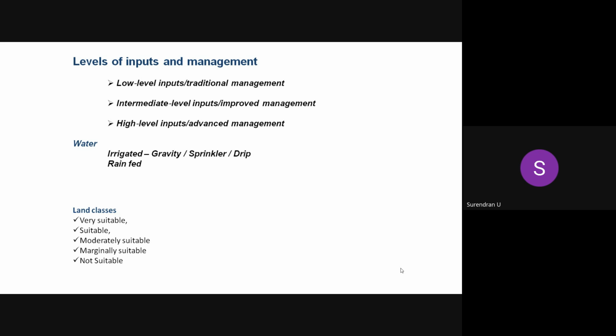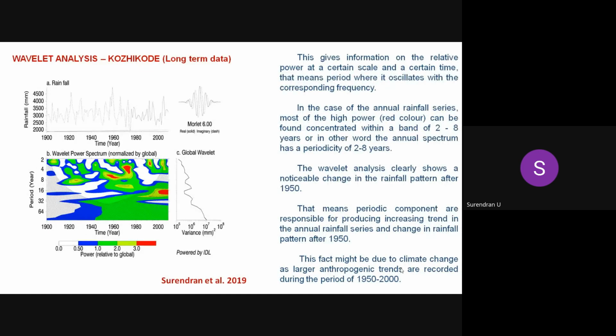For that we developed 3 scenarios: low level, medium level, and high level. Similarly, for irrigation you can go for different options. We tried flood irrigation, sprinkler irrigation, micro irrigation, drip irrigation, drip fertigation with precision farming, and rainfed scenarios.